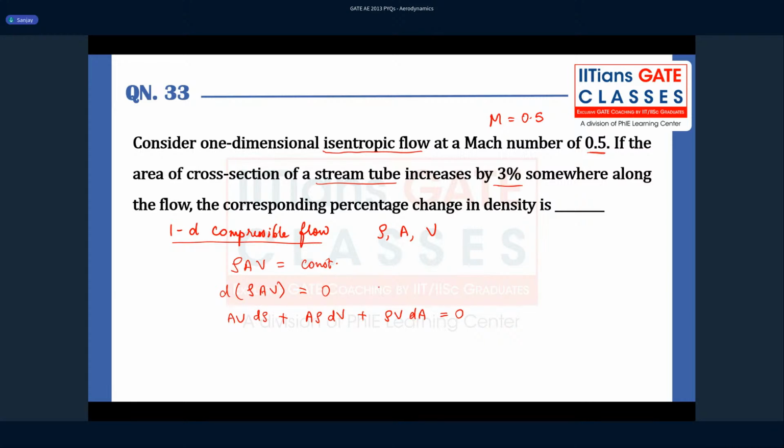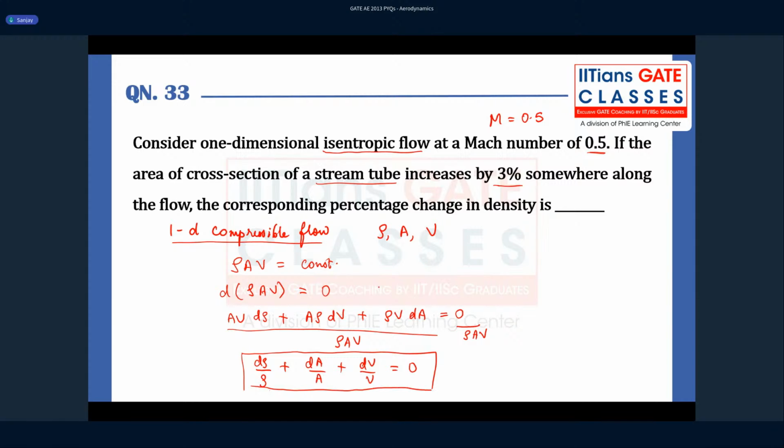Now, if I divide the complete equation by rho AV on both sides, what will I get, guys? I will get d rho by rho plus dA by A plus dV by V is equal to 0, right? This is one of the intermediate forms of the continuity equation for 1D compressible flows, right?